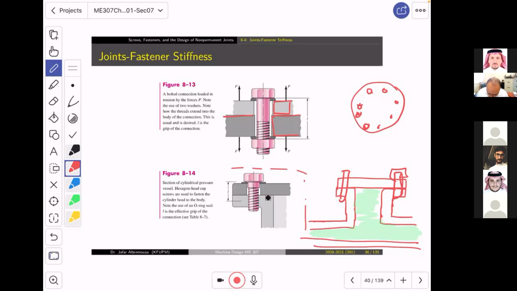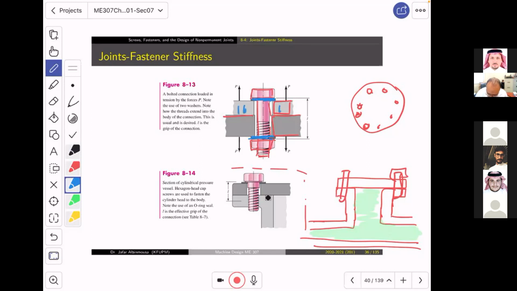Now, you can put a bolt like this, and then you put a nut. And for some purposes, we are going to talk about them later, you can also put a washer. Look, there is a washer here. And then you screw. And when you screw, what happens?